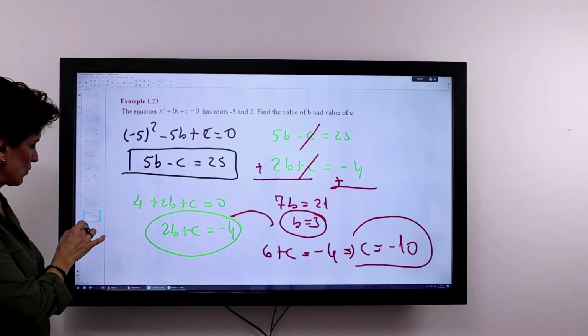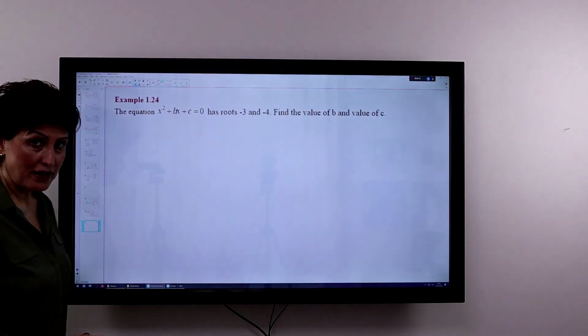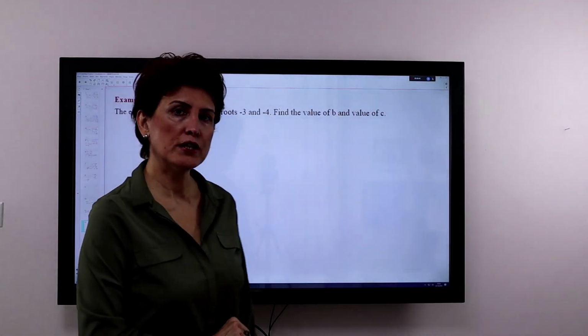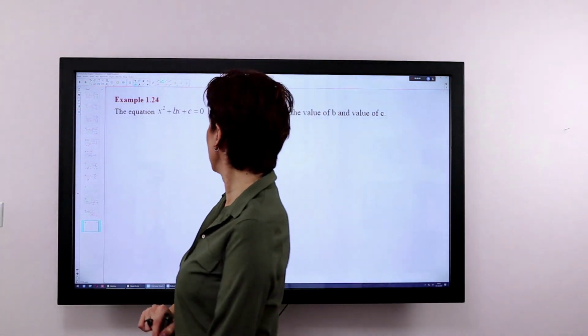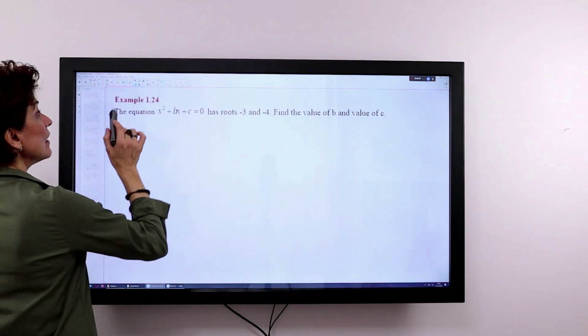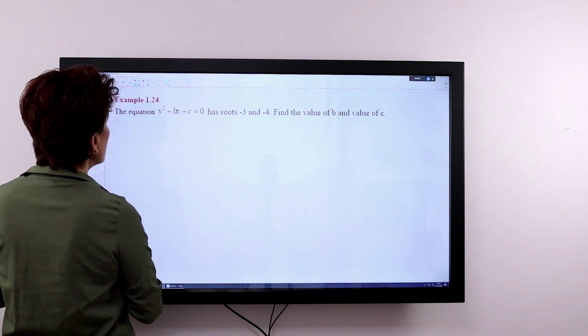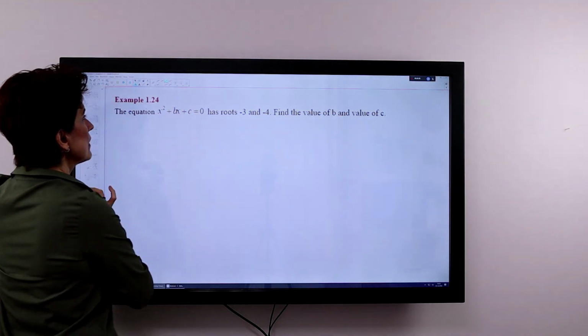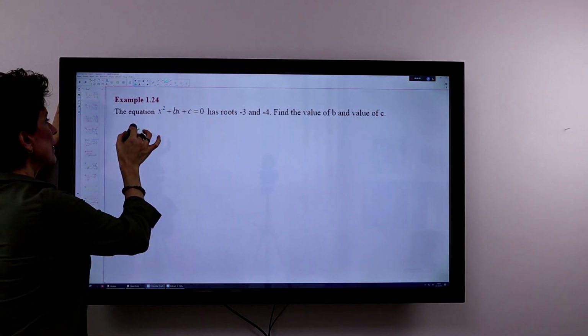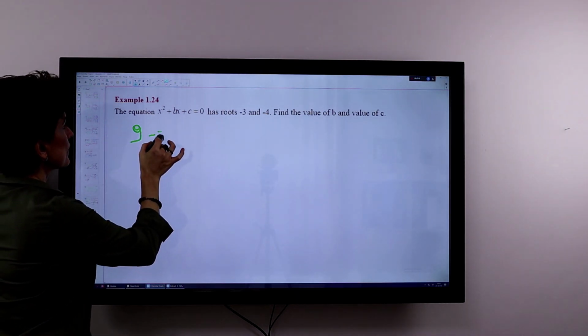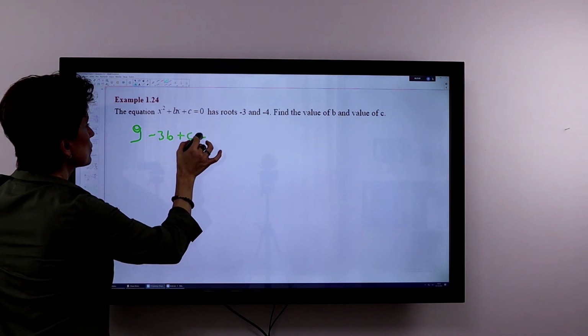Okay, have a look at the next one. Right now, your turn. You need to pause me. Have a look whether your solution is right or wrong. If I substitute -3: 9 - 3b + c is 0.